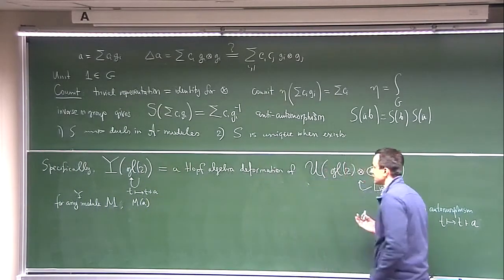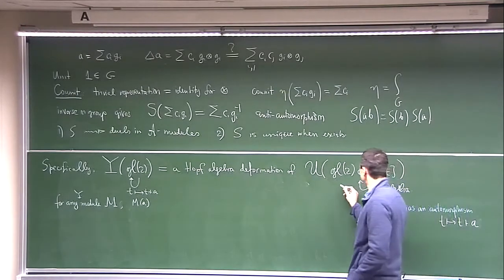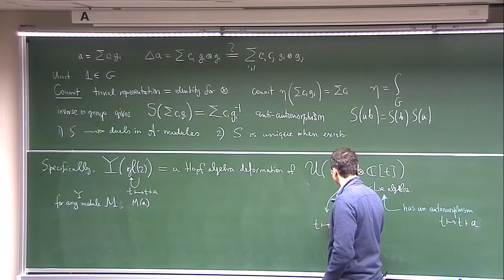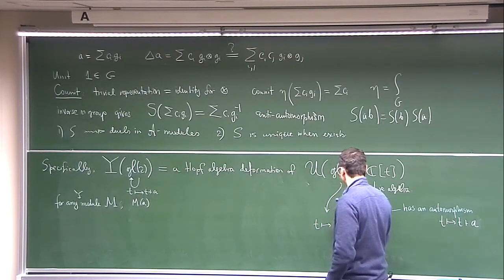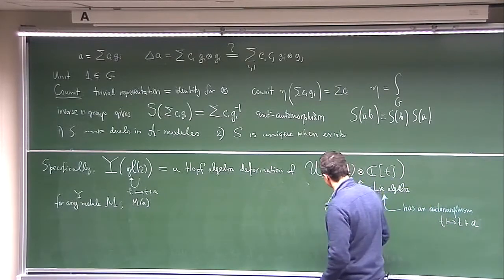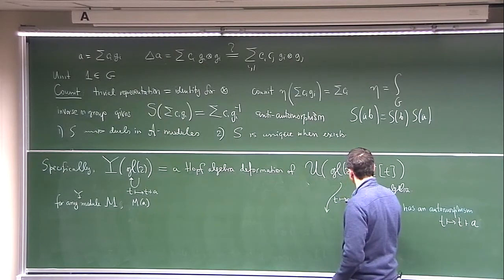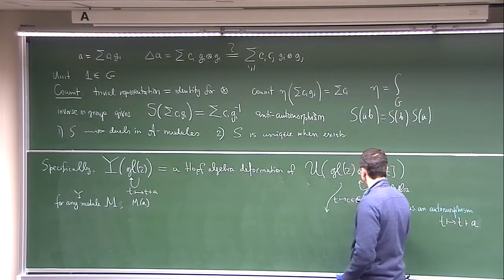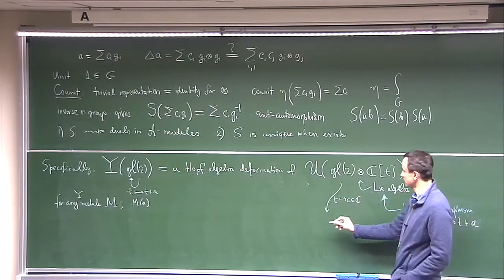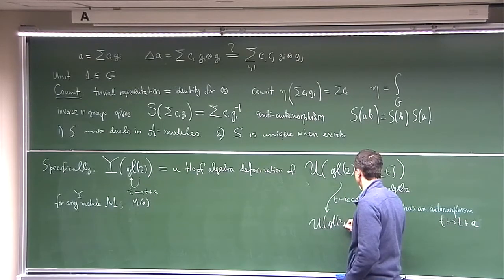This is what a typical module looks like: first you just send t to some constant, some number in my ground field, and then I go to U(GL2(C)).